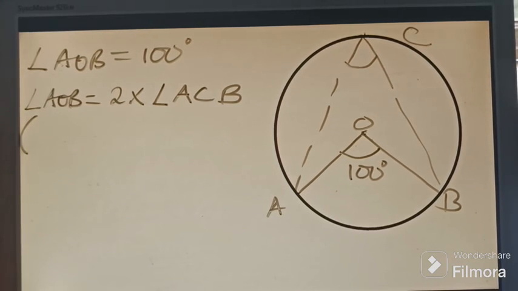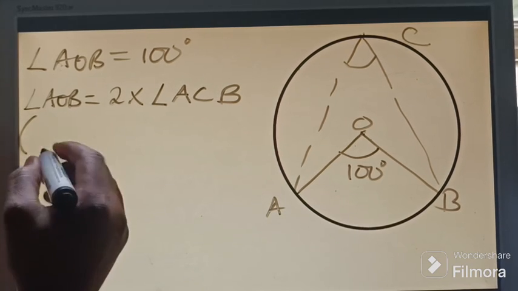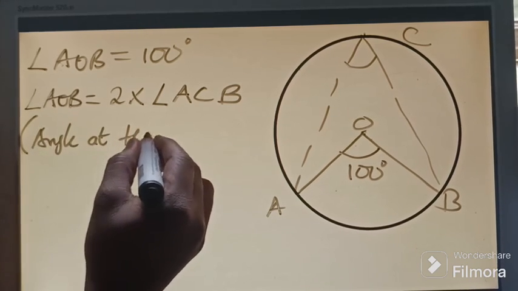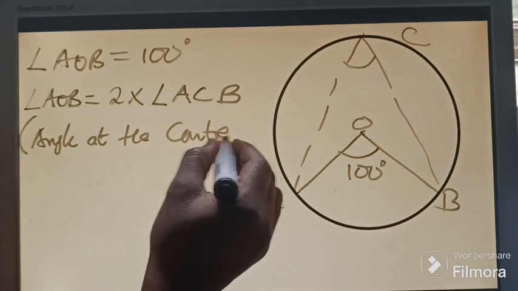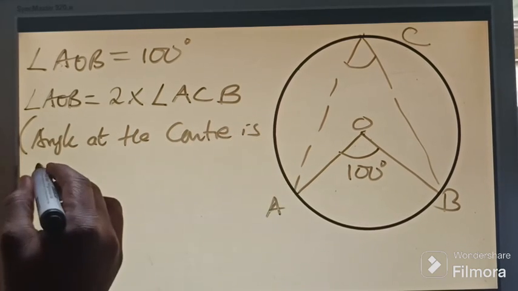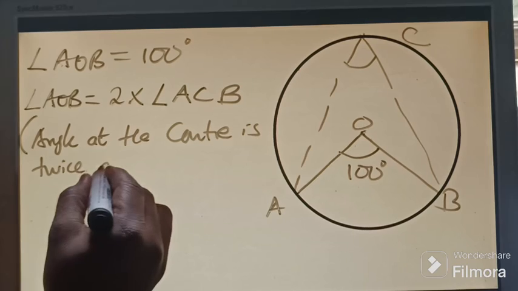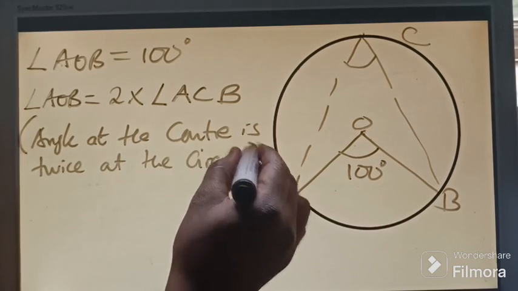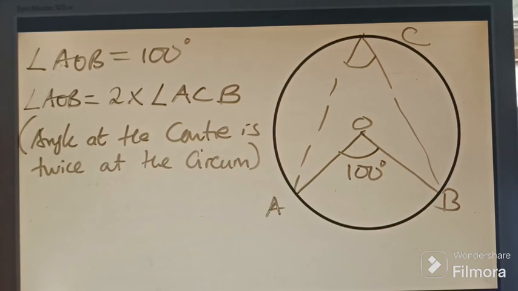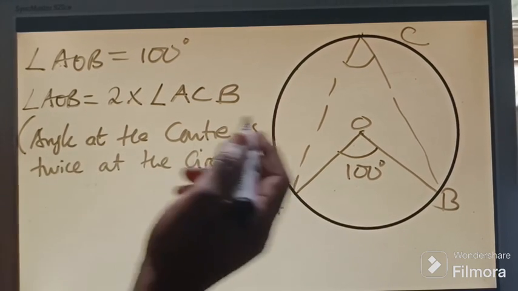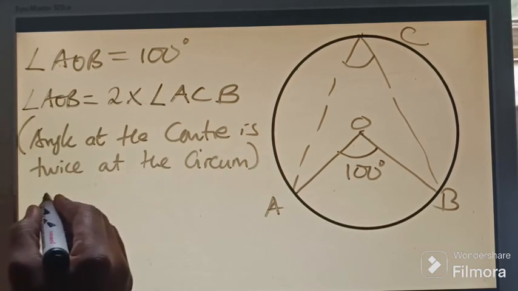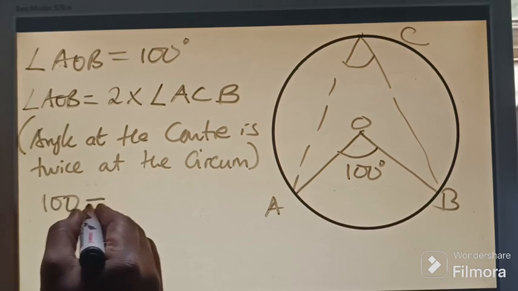Reason: angle at the center is twice the angle at the circumference.